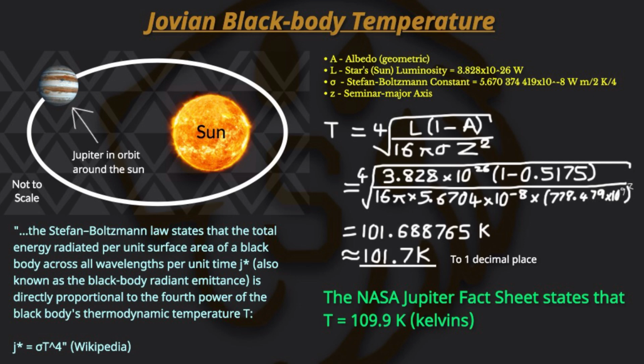And then we have the small Greek letter sigma, which is the Stefan-Boltzmann constant, around 5.67 times 10 to the power negative 8 watts per meter squared per kelvin to the power of 4. Yes, so that's the unit. It's a very long unit, it takes time to read, so bear with me.